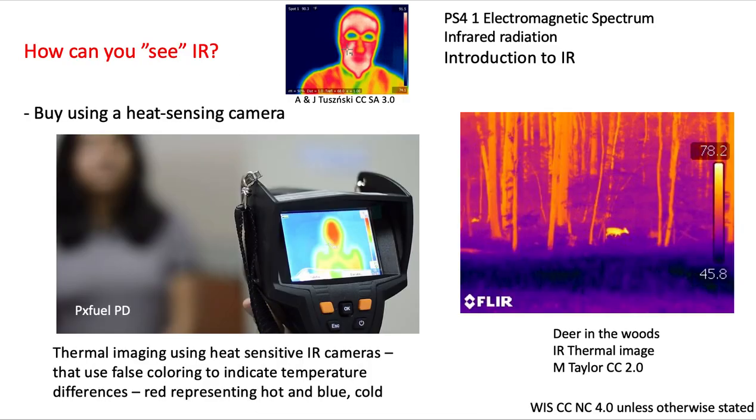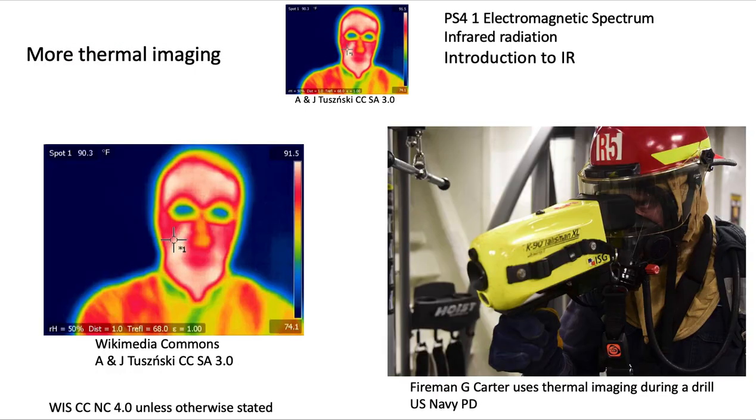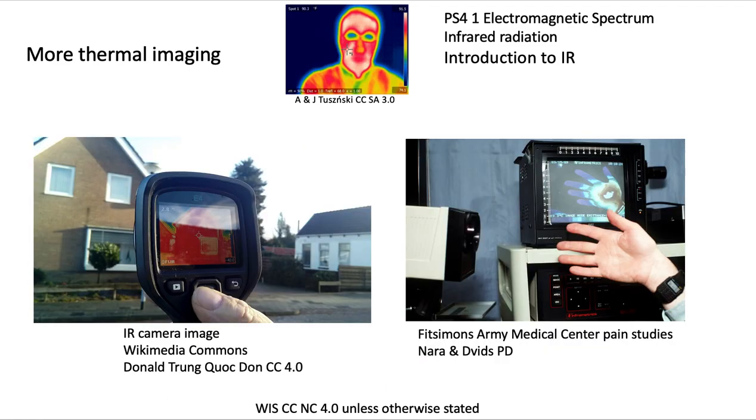And how can you see IR? Using heat sensing cameras, and you can look at these pictures to look at each of these images. And indeed here you've got a fireman using a thermal imaging camera and looking at a house, looking at your hand, which if you do the activities you'll see.